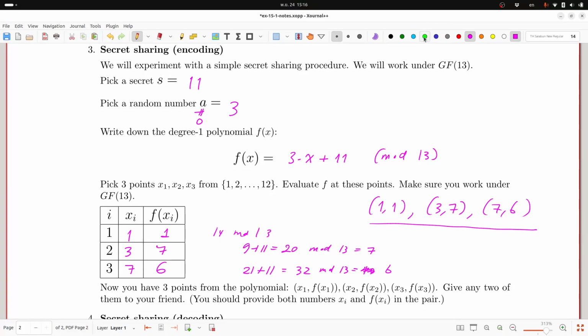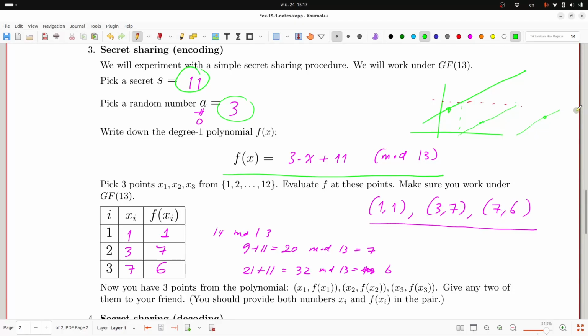Pick a secret, pick some random numbers, and this is the line. So the line will look like, maybe, that. But then when we do everything modulo 13, after it goes past 13, it moves like that, and then it moves like that. So the numbers may go up and down.